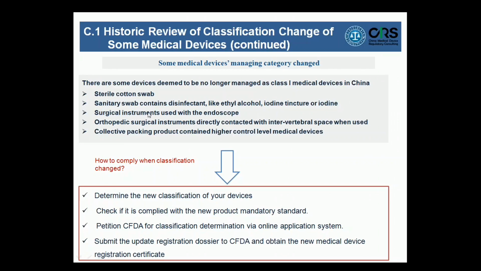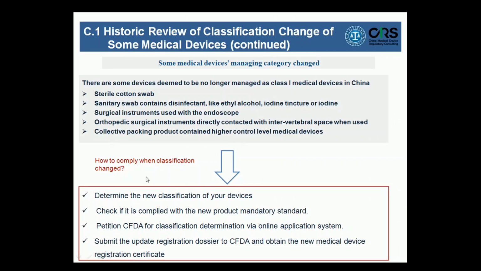We have talked about how all sterile medical devices will be changed to at least class 2. Also the sanitary swab containing disinfectant like alcohol, iodine tincture, or iodine. A surgical instrument used with an endoscope. Orthopedic surgical instruments that directly contact the intervertebral space when used. And collective packing products that contain higher control level medical devices.